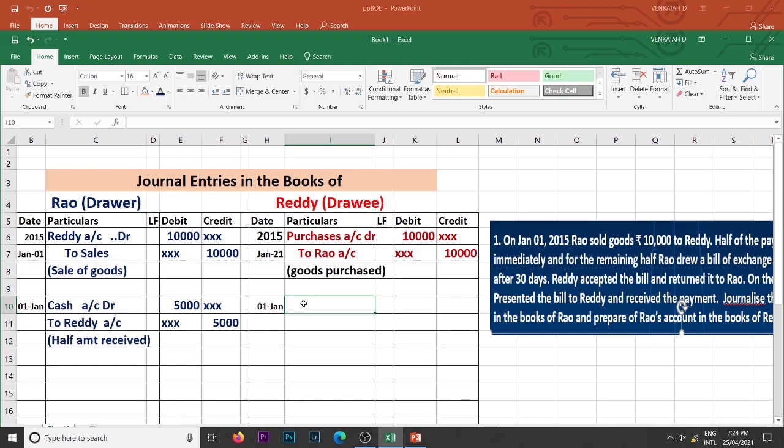Rao received the money. Rao's account is debited. Cash is going out now.